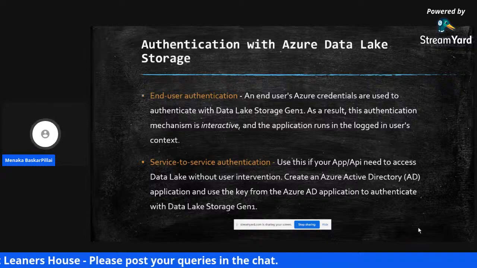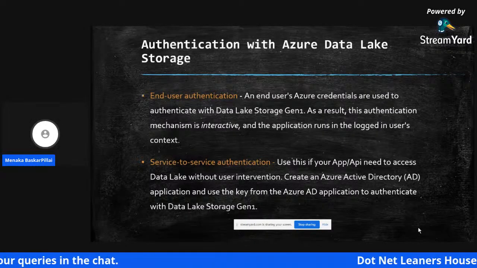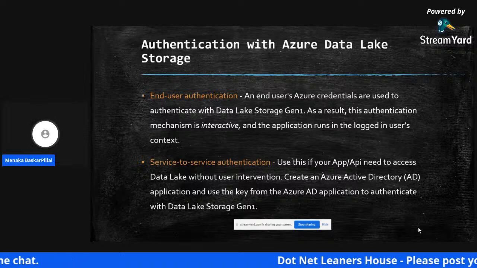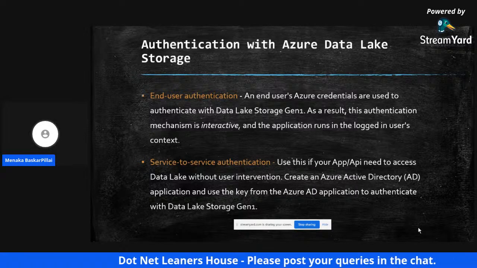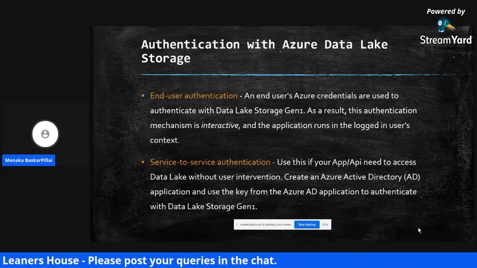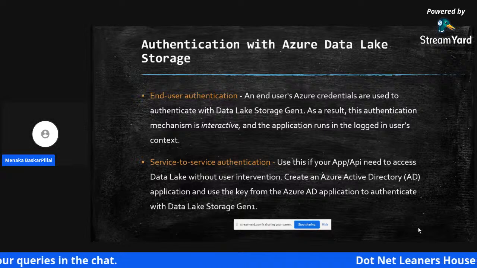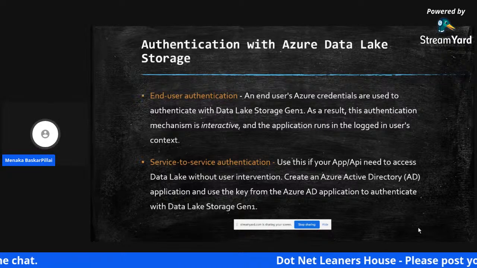In other terms, this will ensure the basic level of security to access the data. As a result, this authentication mechanism is interactive and the application runs in the logged in user context. So usually as a base level of authentication, we will ensure that the person is the right one to use my particular data and my storage. So this is one of the authentications.